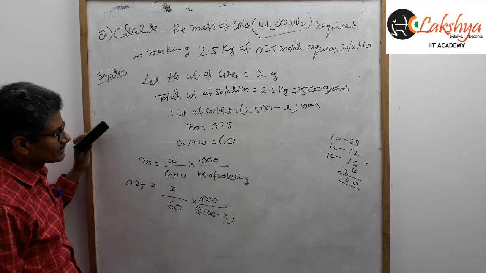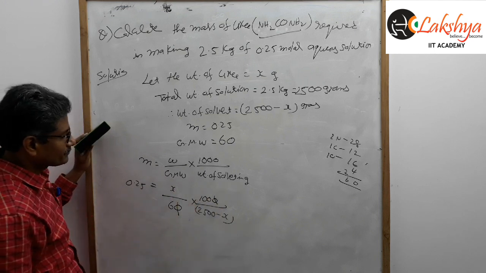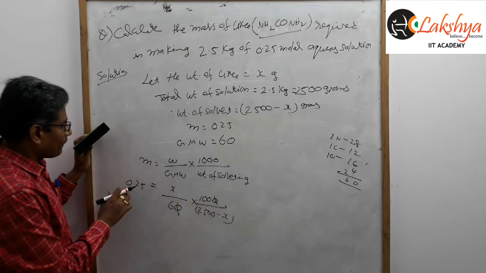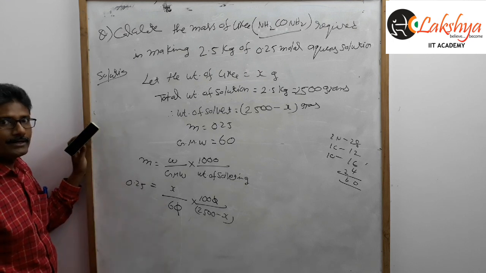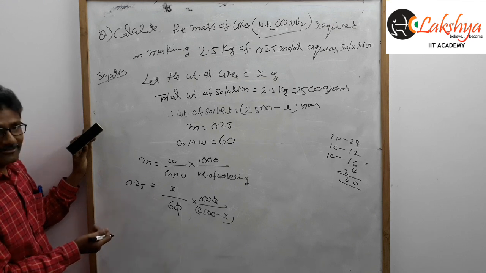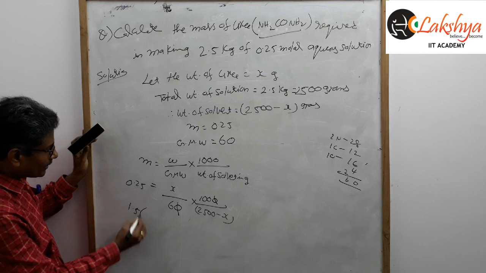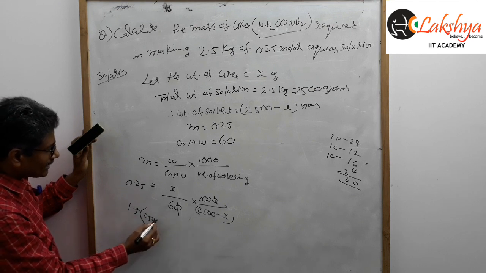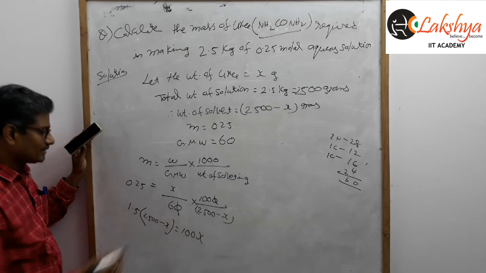Okay, solve this one. Right, here it was cancelled. 0.25 into 6, that is 1.5. 1.5 into (2500 minus x) is equal to 100x.